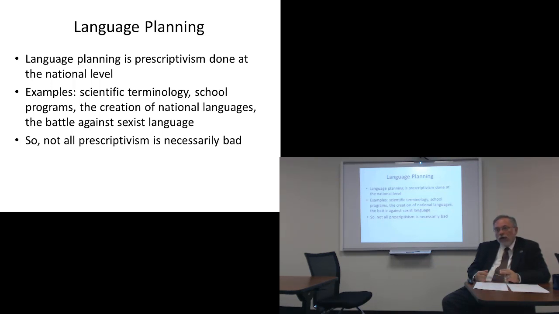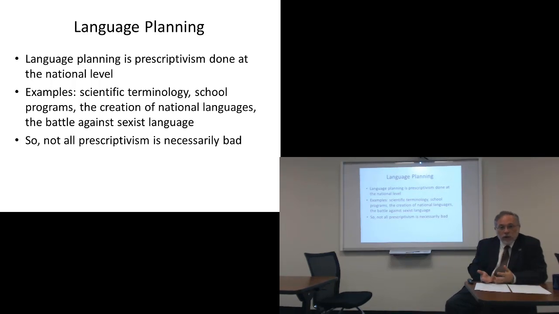When you have a country like Switzerland where they have 4 languages, you have to say, all right, all 4 languages are going to be accepted in the postal service, in the police, and so on and so forth. So that's language planning, and it is a form of prescriptivism because you're going to say everybody needs to be able to speak French, Italian, and German, and Ladino in Switzerland, right? Okay, so that's a form of prescriptivism.